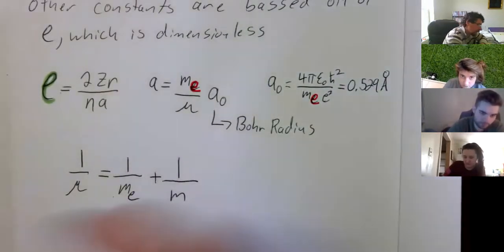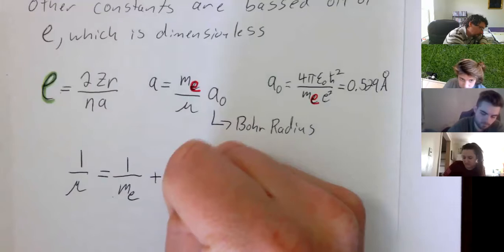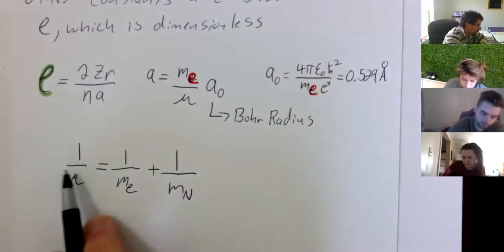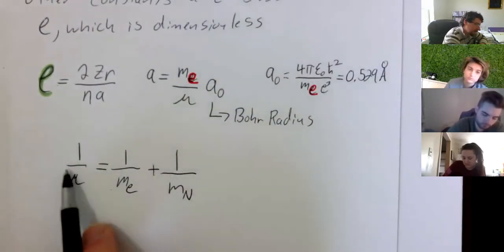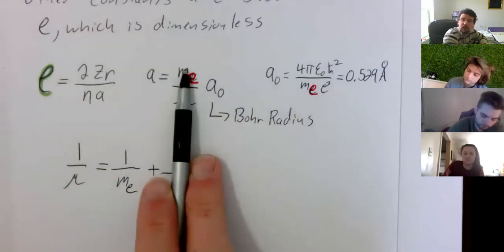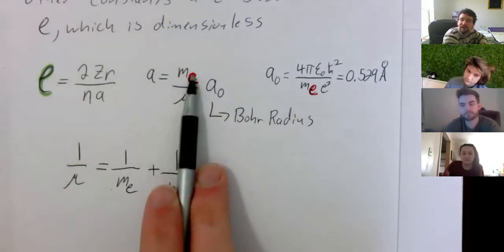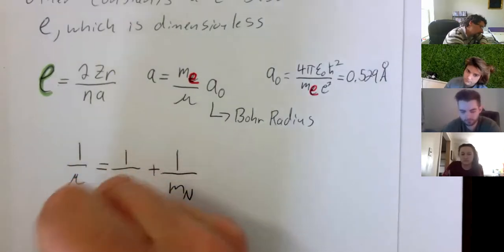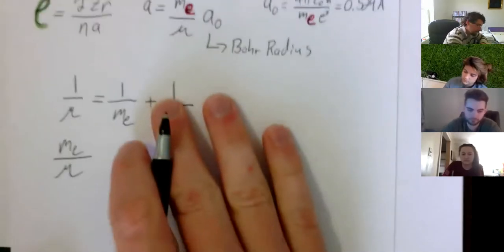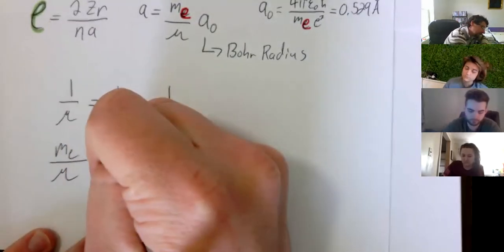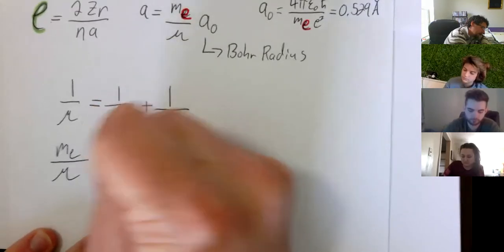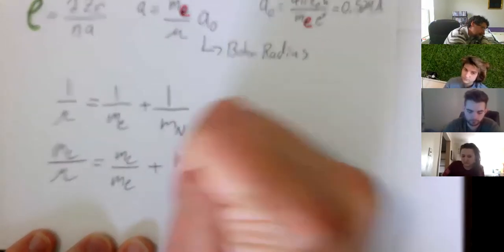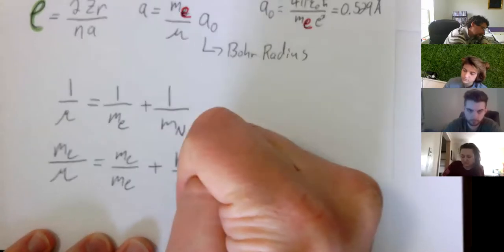The nucleus, we're going to put that with a capital N. So now if we manipulate this around, let's say we want to look at this expression here: mass of e divided by mu. So mass of e divided by mu, we're going to get mass of e times 1 over mass of e plus 1 over mass of N.